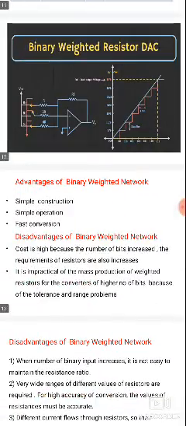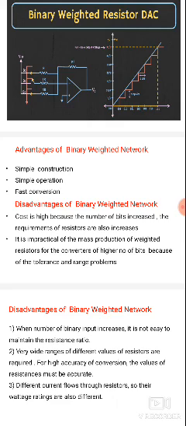Here, by giving the binary inputs, we get the analog output. The advantages are simple construction, easy and flexible, and fast conversion. The main disadvantage is that the complete circuit depends on the switch conditions, that is, binary ones and zeros, and on the number of resistors.